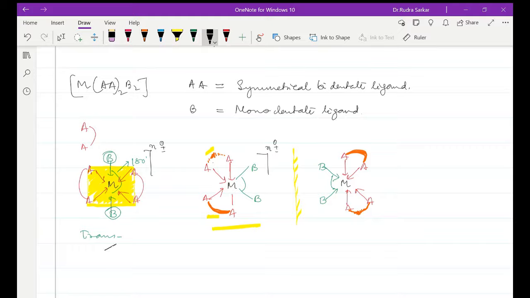So if this is trans, when the B are at 90 degrees to each other, this will be called cis. So out here for this molecule MA2B2, we will say there are in total 3 stereoisomers possible, out of which there are 2 geometrical isomers, cis and trans, but the cis form can show optical activity.